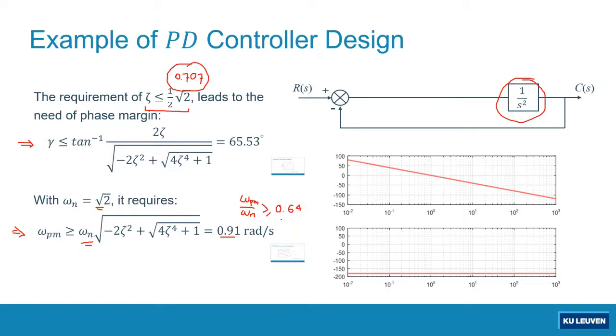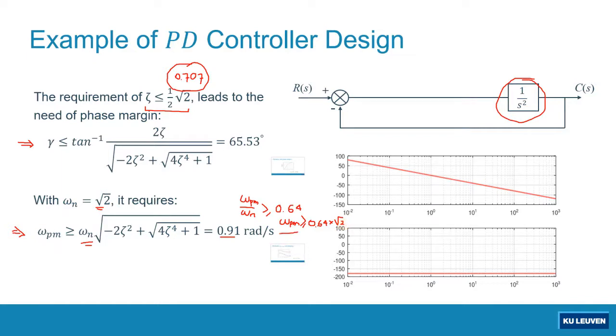That means, because my second requirement says that omega n should be equal to square root of 2, my omega pm should be greater than or equal to 0.64 times square root of 2.